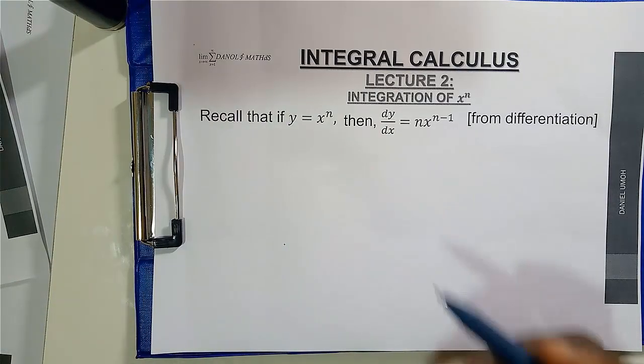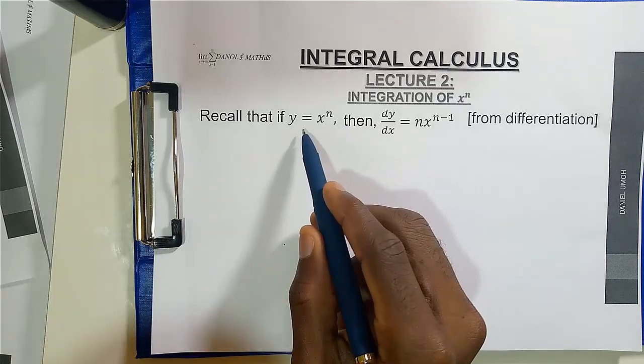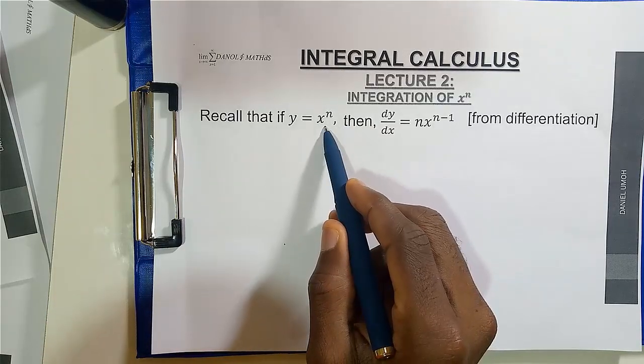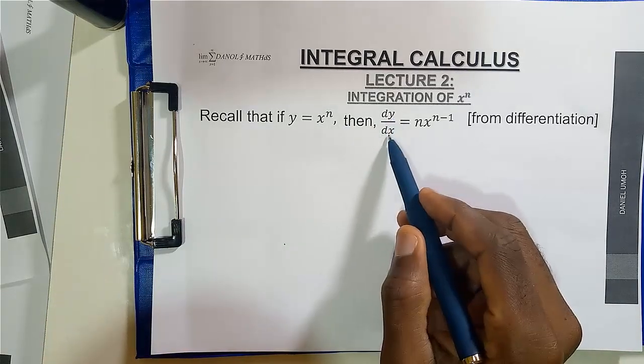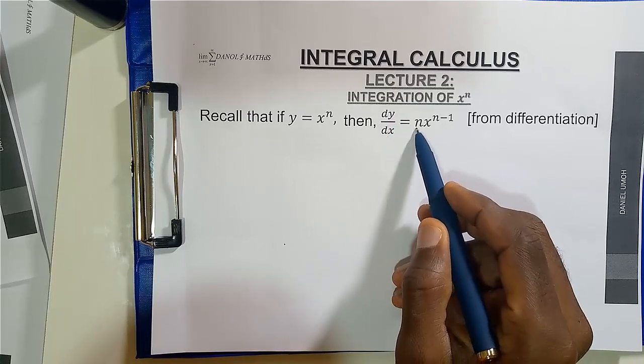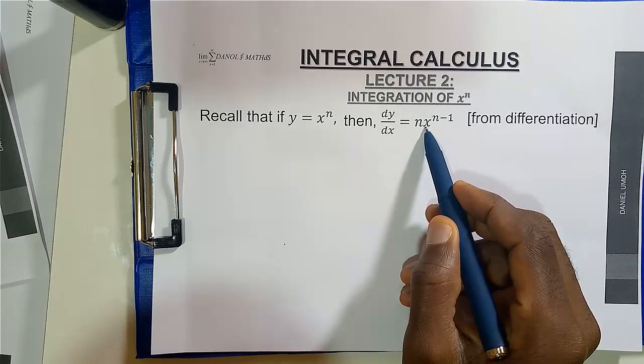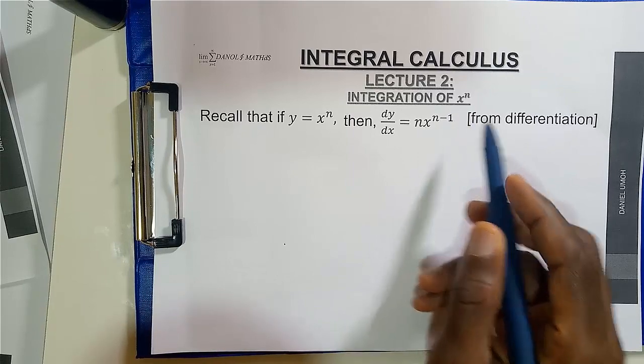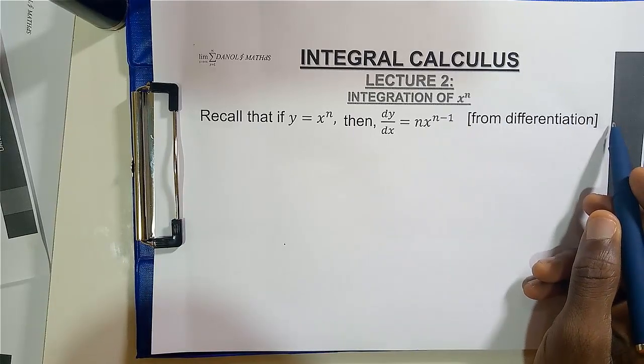Recall that in differentiation, if y is equal to x raised to the power of n, then dy over dx is equal to n x raised to the power of n minus 1. That is from differentiation.